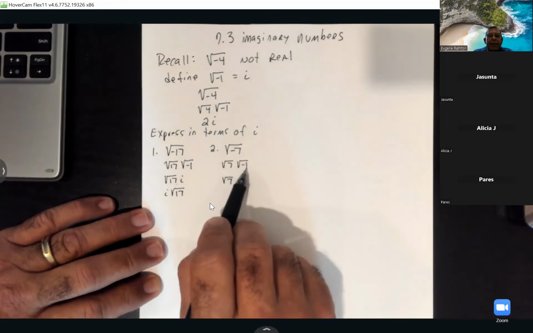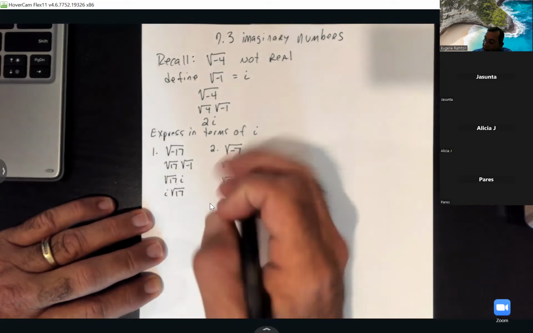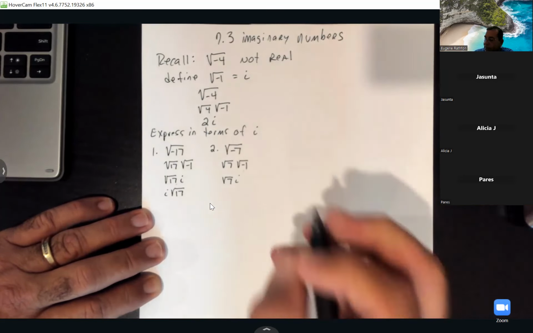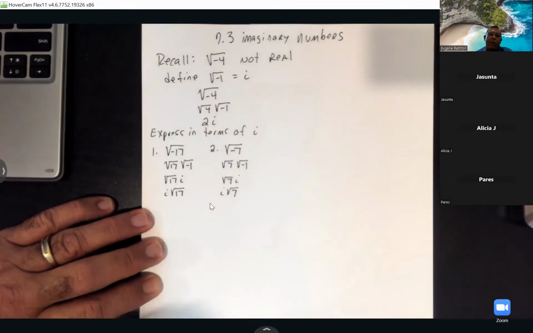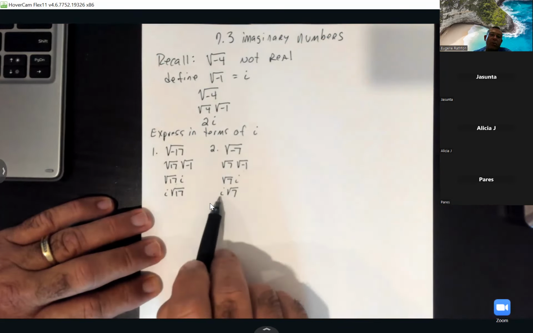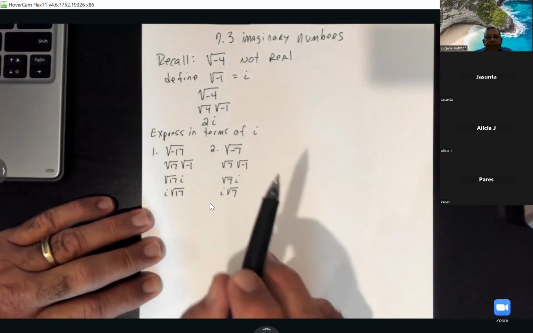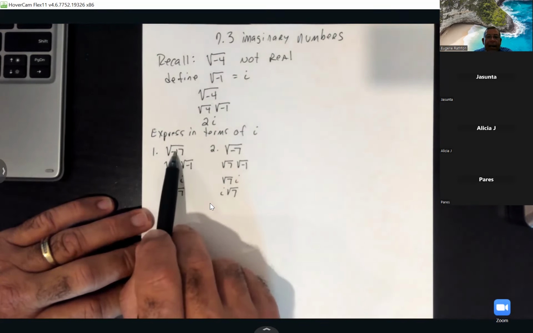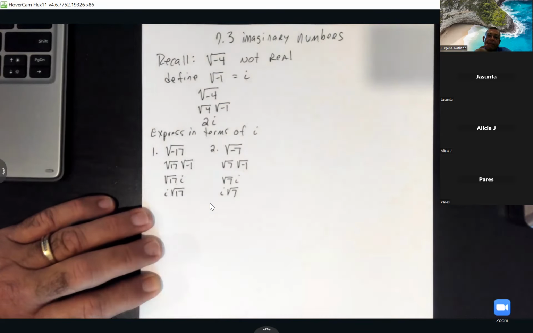Although I can't take the square root of negative 1, I've got to replace it with i. So I might write that as i square root of 7, so that it doesn't look like the i is under the radical. Basically, all we're doing is bringing that negative out and making it an i, okay?